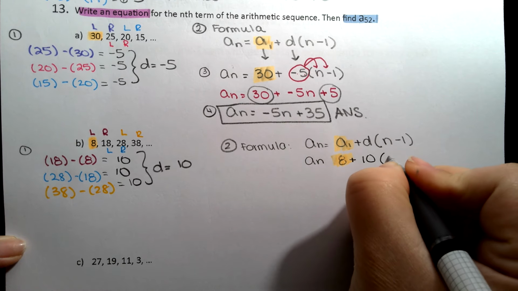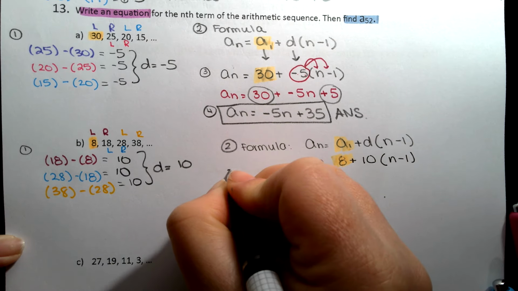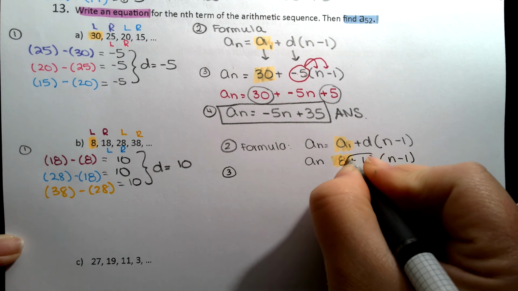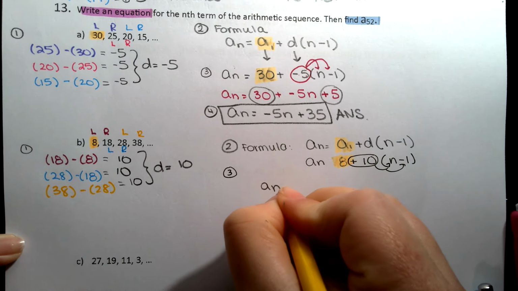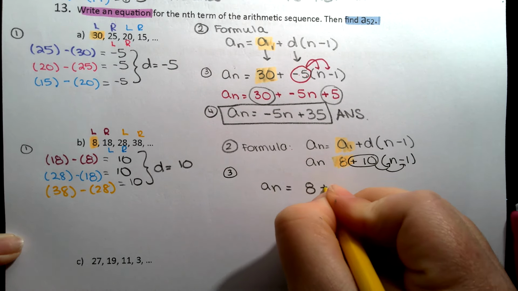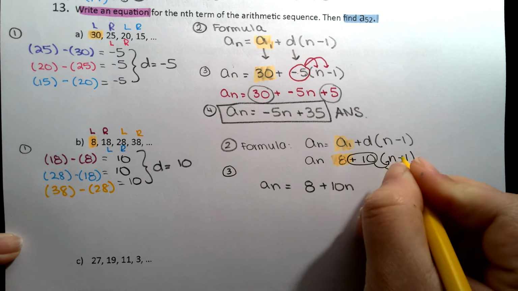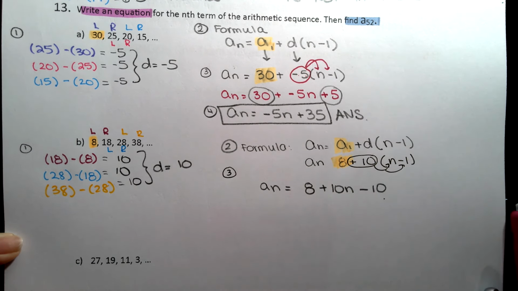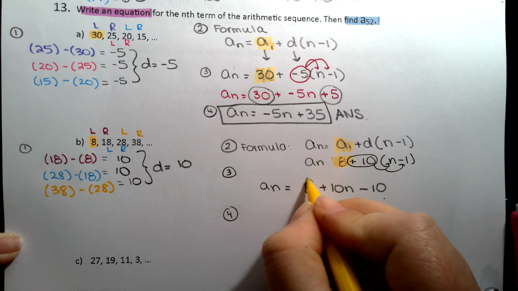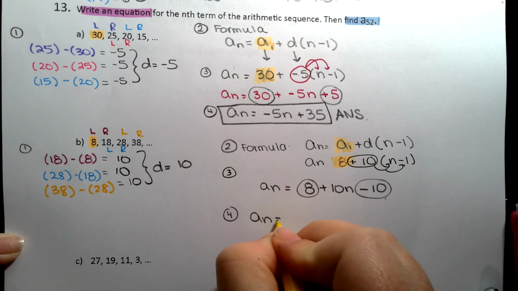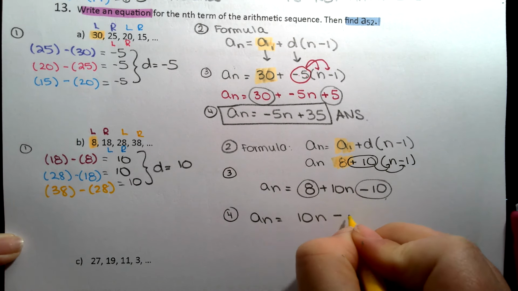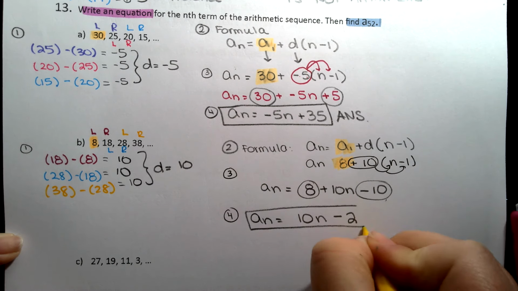Was 10. Step number 3, we do need to distribute this positive 10, giving us a sub n is equal to 8 plus 10n. Positive times negative gives us a negative 10 here. And again, step number 4, we do need to combine like terms, like 8 minus 10. We get 10n minus 2 as our answer.